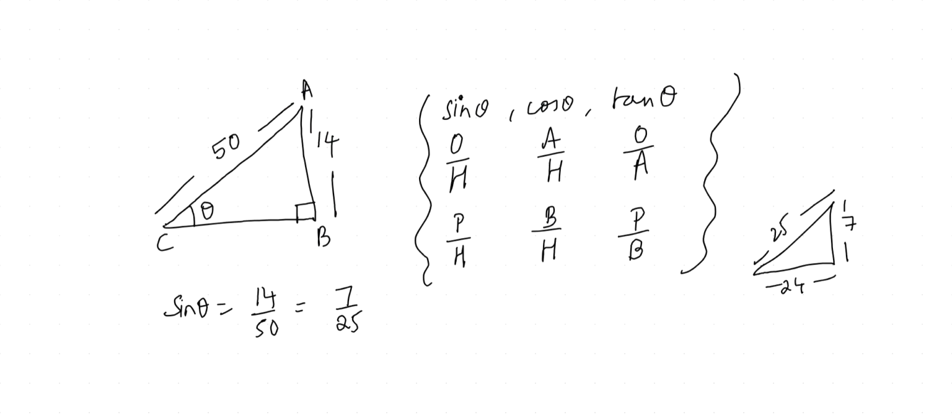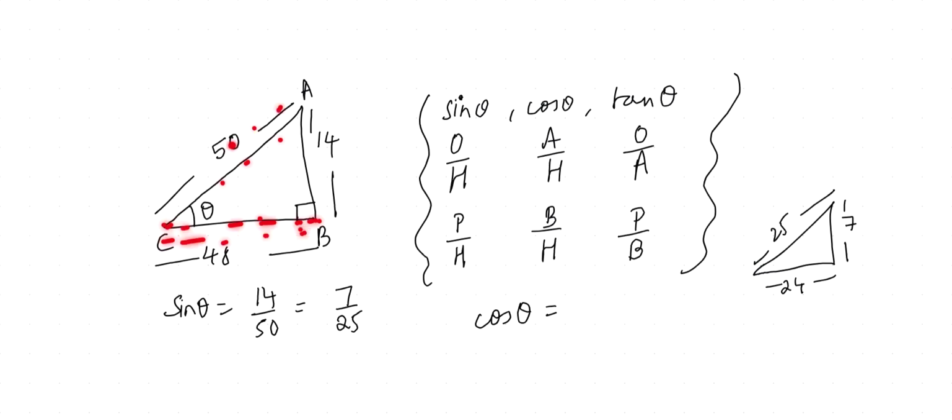So in other words, 24 2s are 48. So BC will be 48. And then I can find out all the other ratios. I can find out cos theta. What is cos theta? The adjacent side, the neighboring side. Adjacent means neighboring. Leaving the hypotenuse, what is the other side of theta? BC, which is 48 units. Hypotenuse is 50 units.